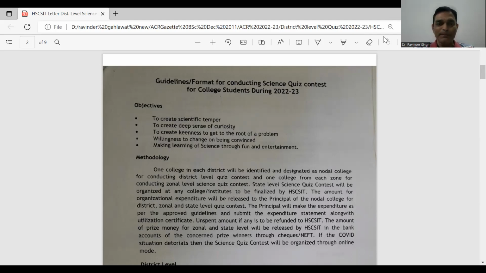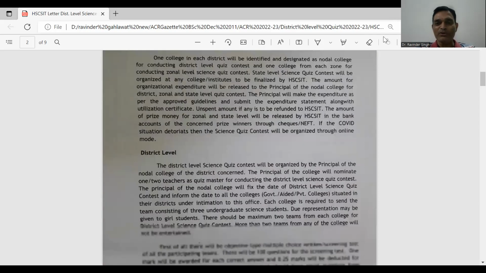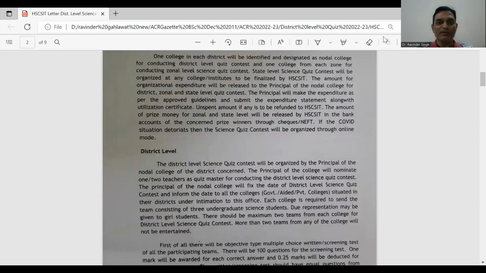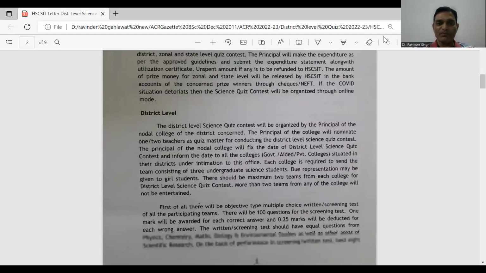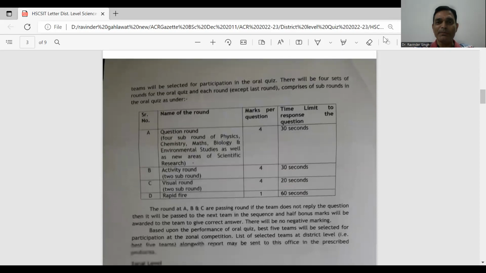So in that spirit, Pandit NRS Government College Rohtak took the responsibility to conduct the district level science quiz competition. The rules for the district level are the same at the zonal level and also the same for the state level science quiz.